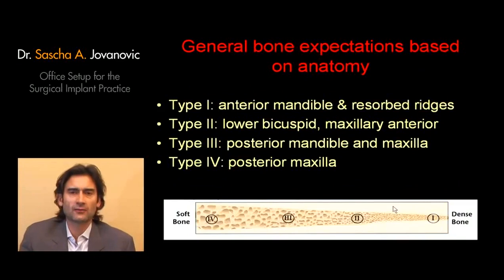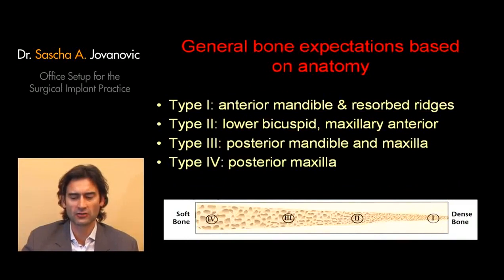Now the next thing you're going to look at, when you're looking at surgical placement and these kinds of patient treatments, is really what is the quality of the bone. And there's a certain amount of expectations which you can look at, but overall you just want to classify patients and their jawbone positions into these different types.